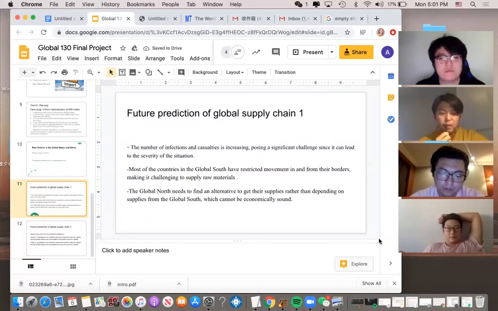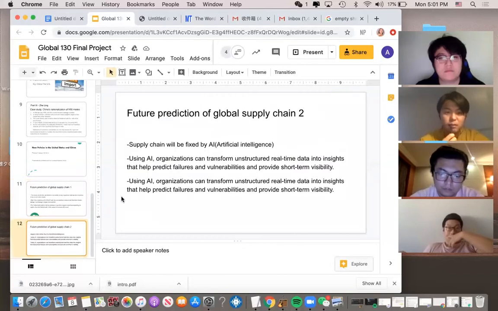Therefore, the global north needs to find an alternative to get their supplies rather than depending on supplies from the global south, which cannot be economically sound. Next page.